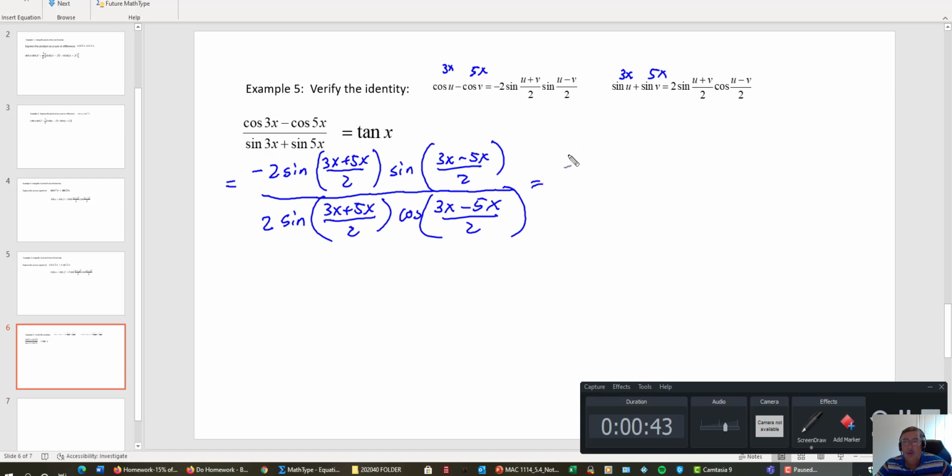So that will equal 2 times the sine in the numerator, and that's a negative here, don't lose that sign, and you'll get 8x over 2 would be 4x times the sine of negative 2x over 2.